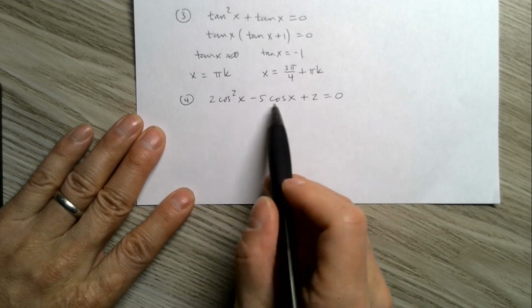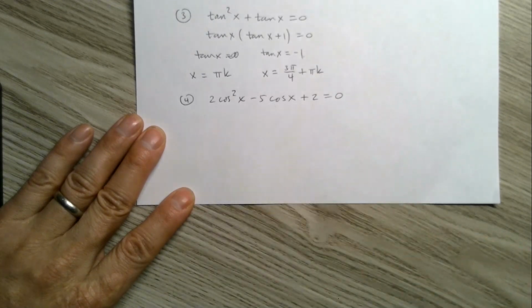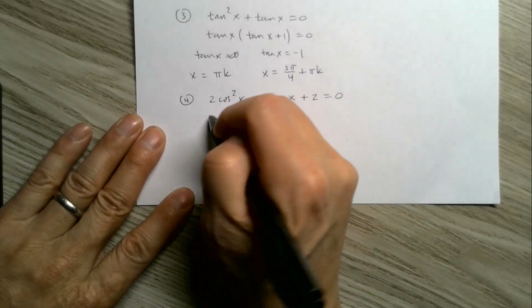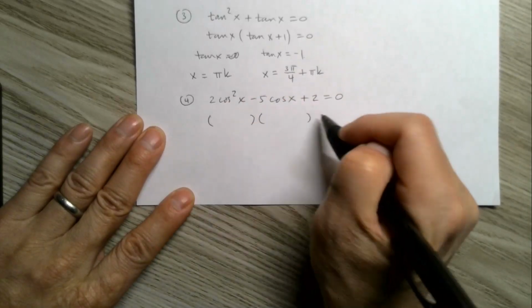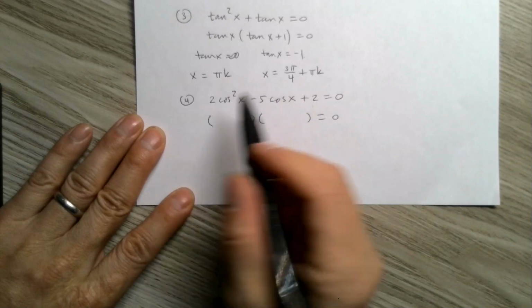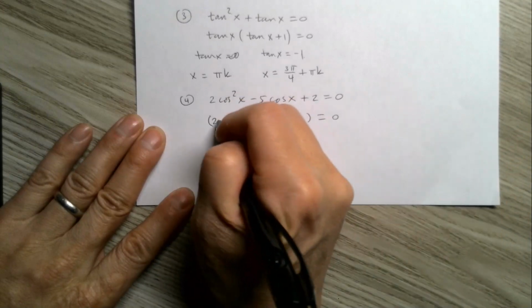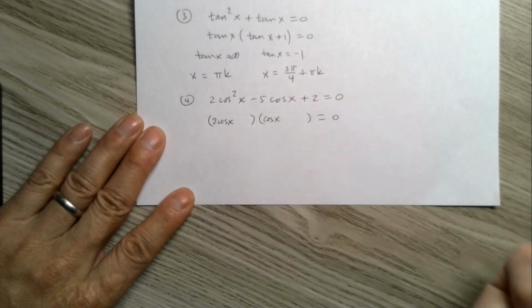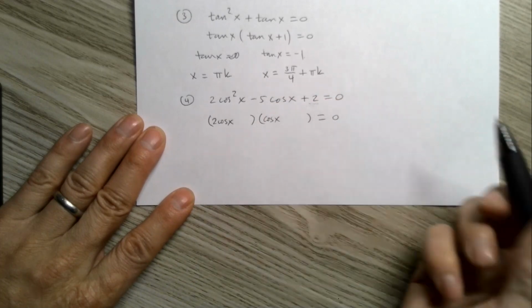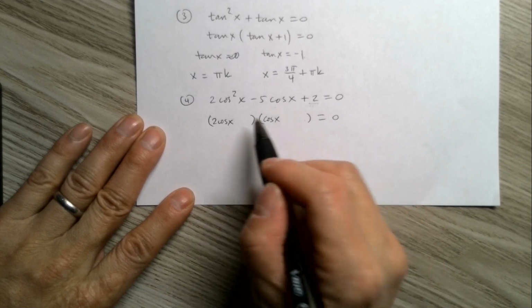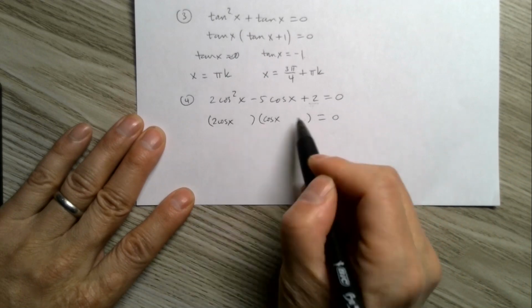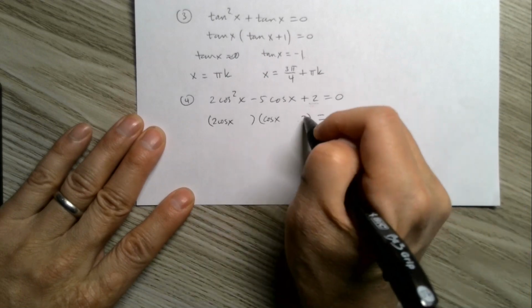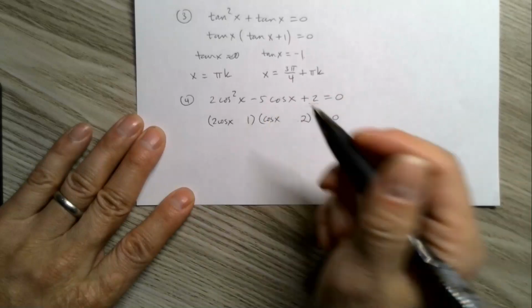So this looks like one of those regular trinomials you would have seen in Algebra 1. So we're going to factor it into two binomials. Since 2 is prime, we know one of them's got to have 2 cosine x and the other one will have cosine x. This is also prime, so I know it's got to be 2 and 1, or 1 and 2. And 2 here and 1 here is the only one that works.